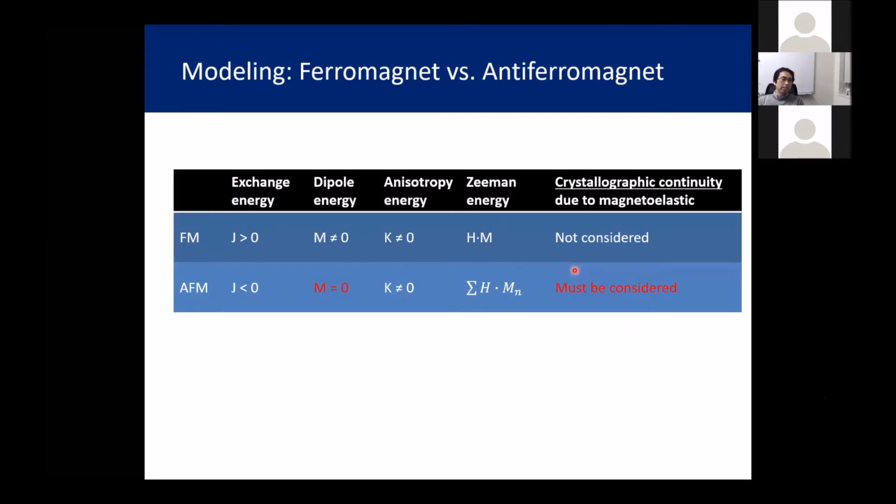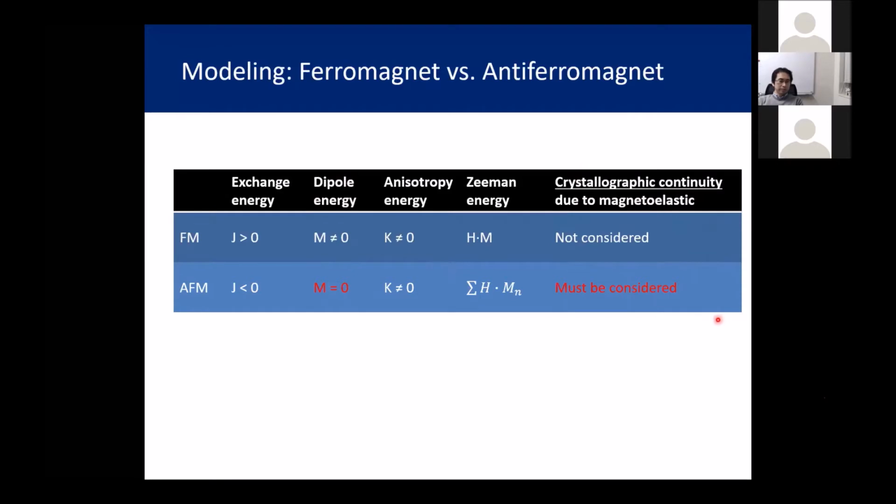So here I summarize the relevant parameters for ferromagnet and antiferromagnet modeling. The remarkable difference is that the dipole energy is almost zero for the antiferromagnetic case. And the last section here is the crystallographic continuity due to the magnetoelastic effect. For the ferromagnetic case, this is often not considered.